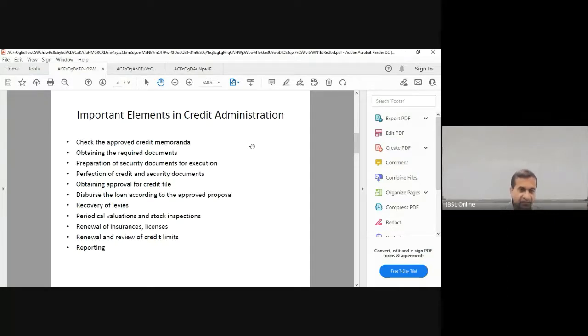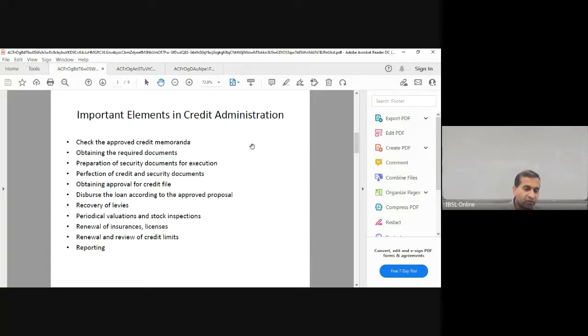And thereafter, recovery of levies, insurance, maybe all the other inspection charges, stationery charges, all that has to be recovered. And also do the valuation and stock inspections periodically to ensure the covenants are complied with. Also renewal of insurance and licenses. Reviewing the credit limit goes back to the credit department, not the administrator. And reporting happens from both parties.